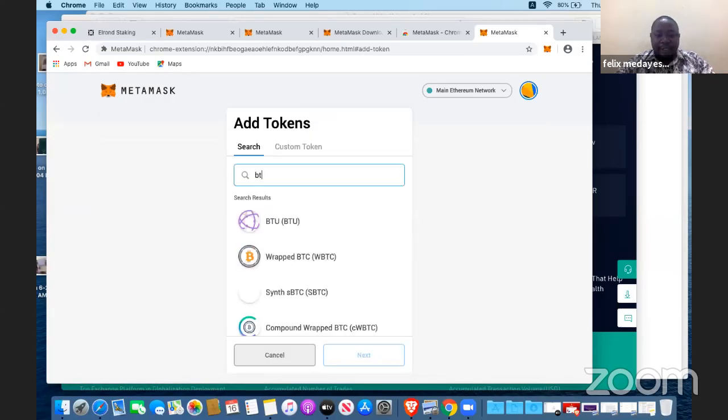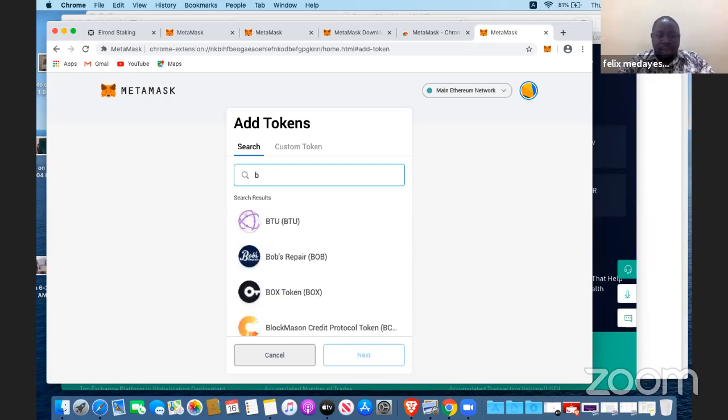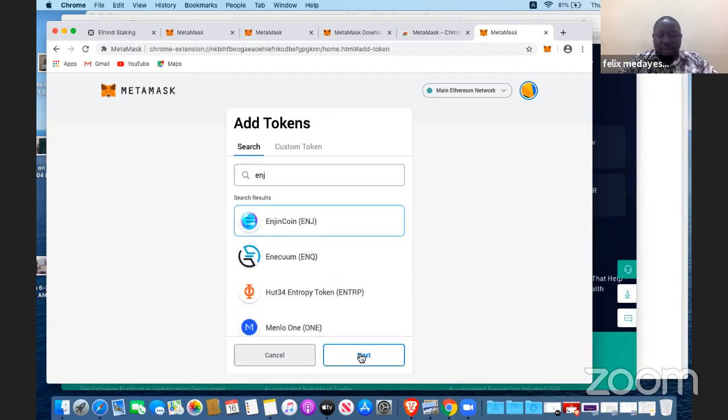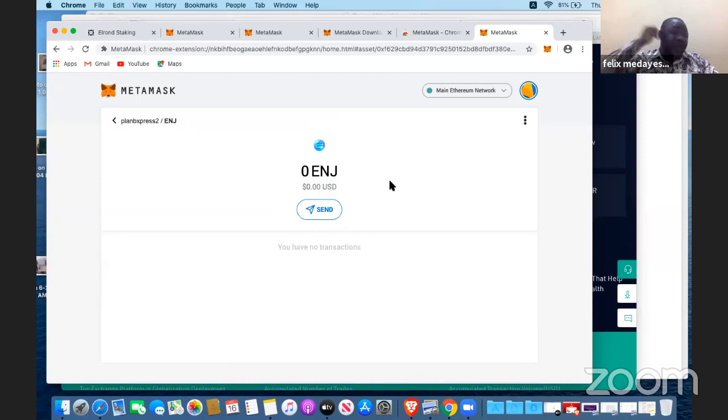Let's say BTC. Come down. Engine for ERC20 tokens. So add tokens. So you can always add the same way on your Trust Wallet.